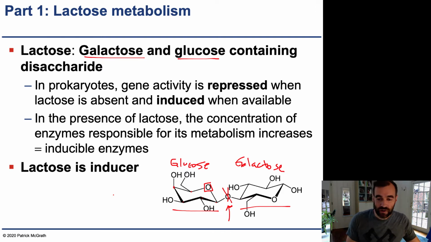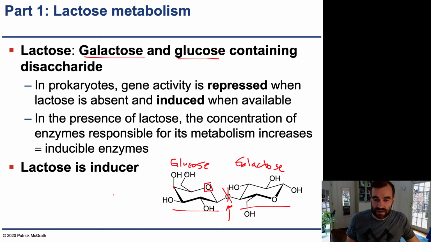One of the things that's really cool about this system is that in general, lactose is a very rare sugar for bacteria. They don't encounter it very often, and so they do not want to expend the energy to have the enzymes that are necessary for metabolizing it. Initially, those enzymes are present at a very low level in the cell.